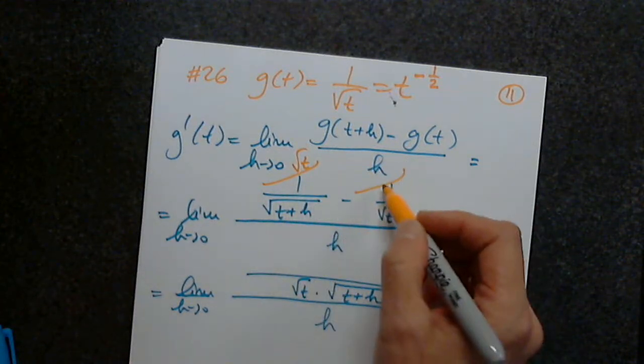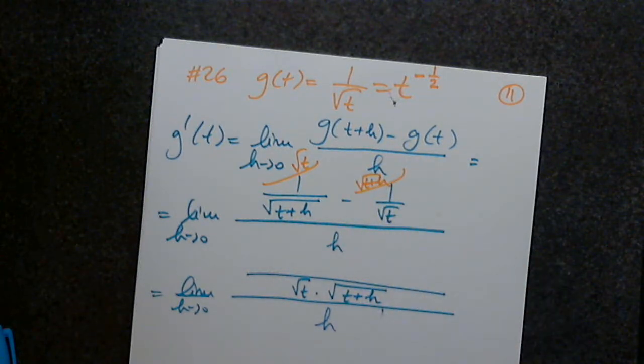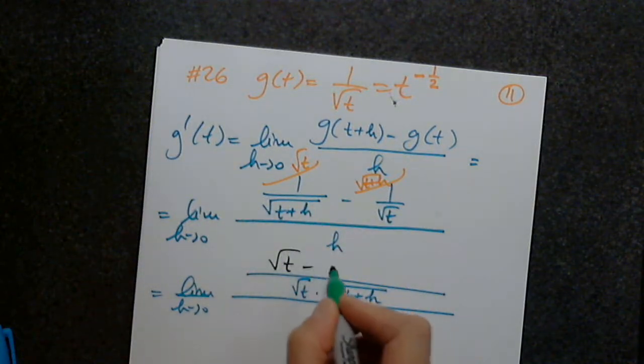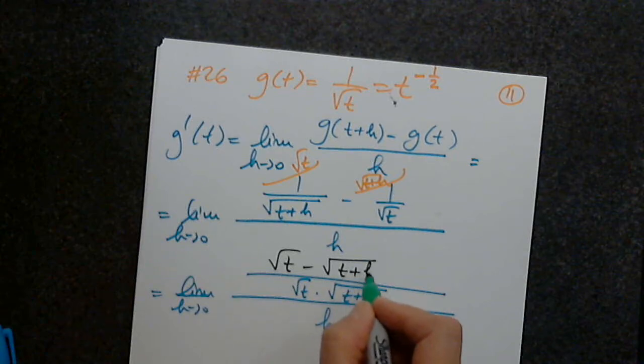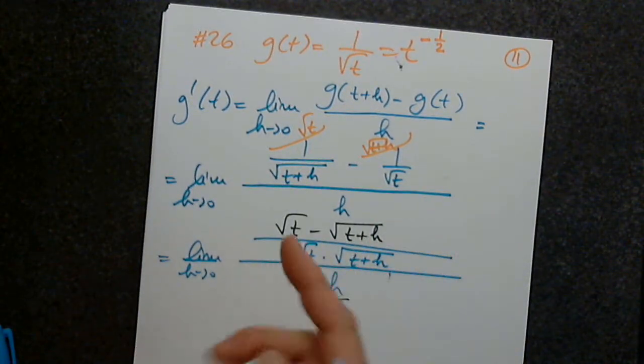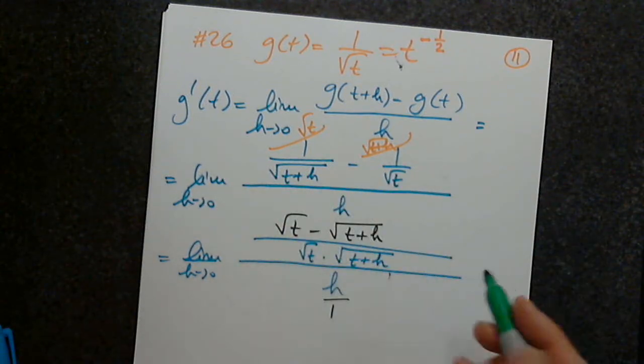The square root of t, and this one, the other one, the square root of t plus h. Very good. So then that's what we have because it's 1, 1. So the square root of t minus the square root of t plus h. This is h over 1. I will flip it and put it in front.